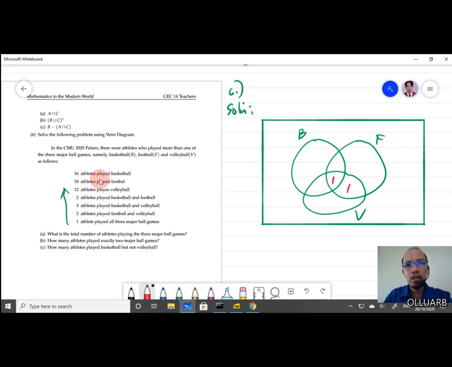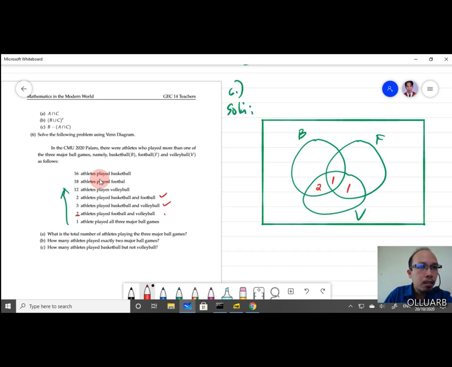So we have 1, so this set here contains 2, as you can see here. For this one, 3 athletes played basketball and volleyball. Basketball and volleyball we have 3, so we put 2 here. 2 plus 1 is 3.